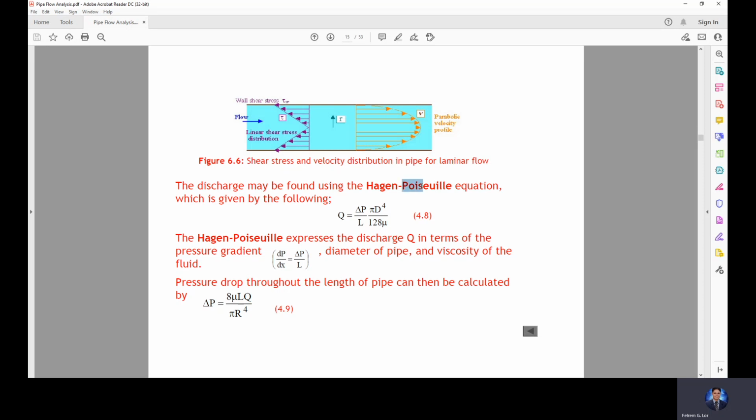But I think Hagen is a different person, and Poiseuille is a different person. So that equation was attributed to them.